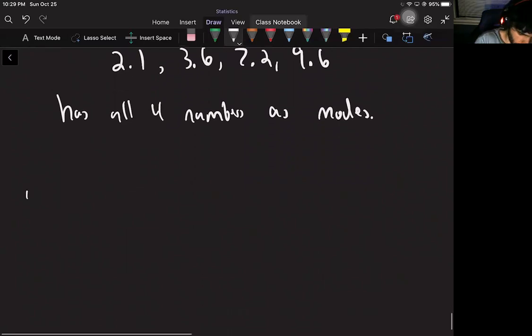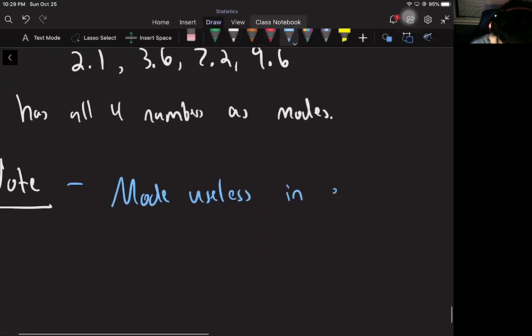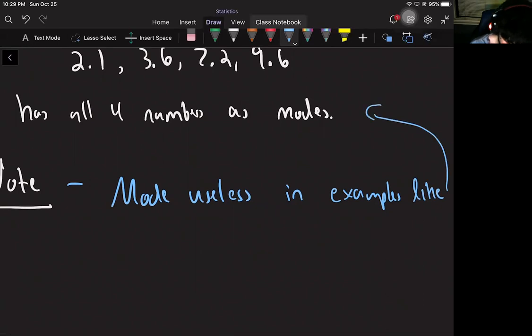Okay, so let's just notice some facts about what's going on. Just to summarize, the mode is useless in examples like the one we just saw. It doesn't tell you any information.